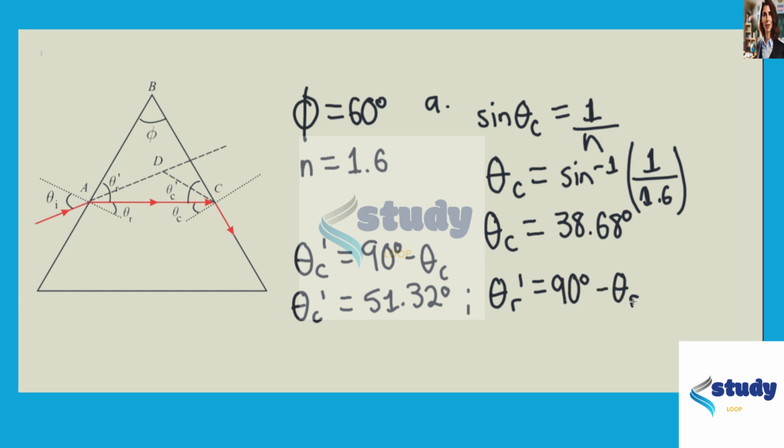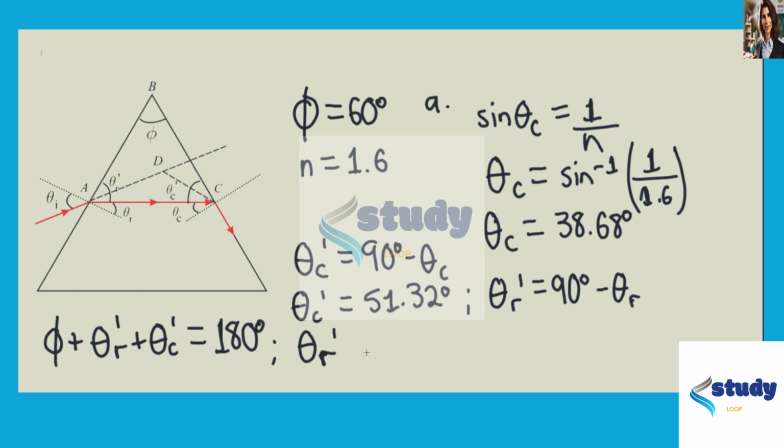minus theta sub R. And we can say that phi plus theta sub R prime plus theta sub C prime should be equal to the total angle in a triangle, 180 degrees. We can then say that theta sub R prime would be equal to 180 degrees minus 60 degrees minus 51.32 degrees.